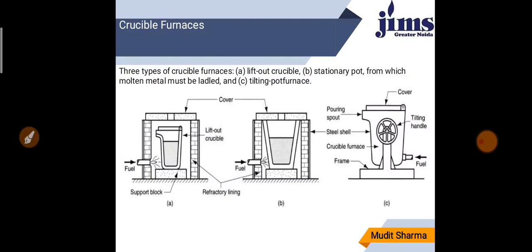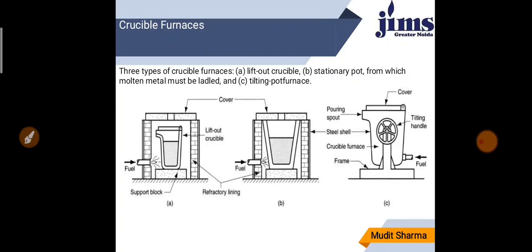Next one is the tilting type. What do we mean by tilting type? This type of furnace is built above the ground level and contains a firmly fixed crucible. The furnace is fired with coke, oil or gas. When the metal charged is ready for pouring, the whole furnace is tilted.